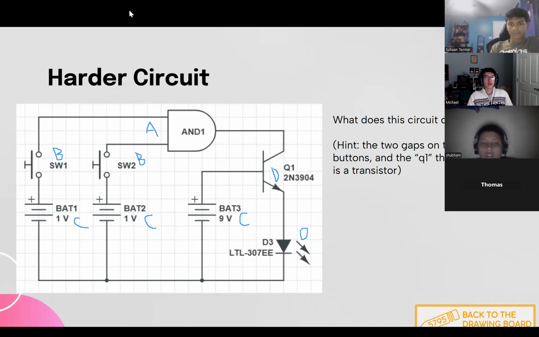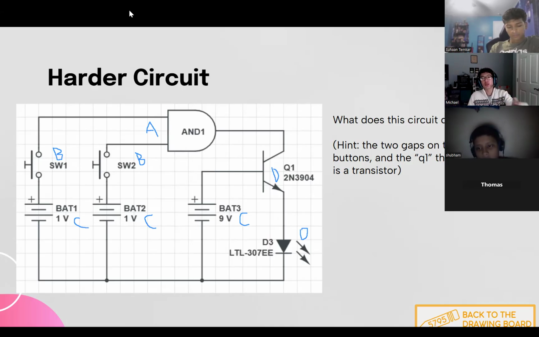You don't want to put 9 volts through your AND gate at the top because it'll explode. Maybe not with 9 volts, but it's definitely going to get very hot. But basically, when you click down your two switches, both A and B, your paths, are given 1 volt. And the AND gate says if A and B are both 1 volt, if both buttons are pressed, then output a signal of 1 volt out of the top.